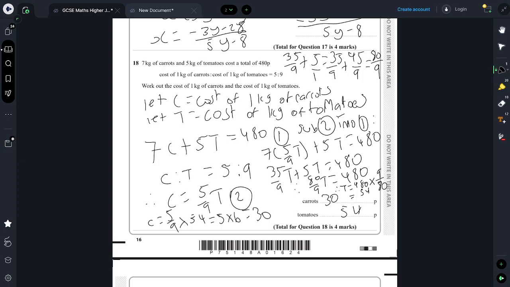You substitute one into the other, and it's the same sort of process. I think the hardest part is this initial step of, oh God, there's so much going on. But this is what we want, this is what's unknown, and it's talking about cost here as well. So if you don't know something, use a variable, and then use the information to convert this into an equation, like we've done here.